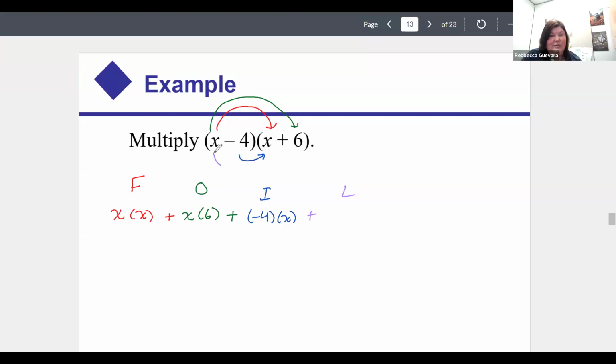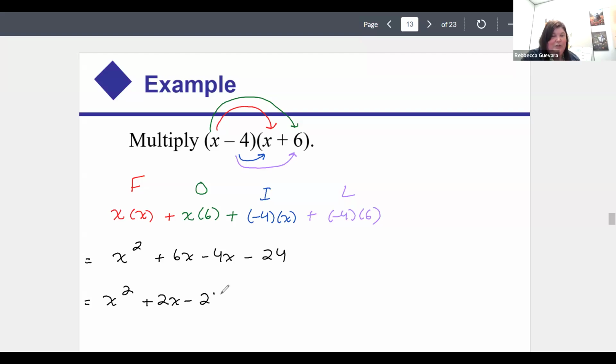So that would be this 4 and this 6, my last two terms in each polynomial. So the -4 and the 6. So what we have is x squared plus 6x minus 4x minus 24, or x squared plus 2x minus 24.